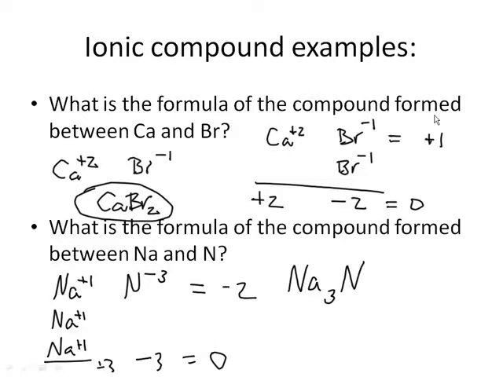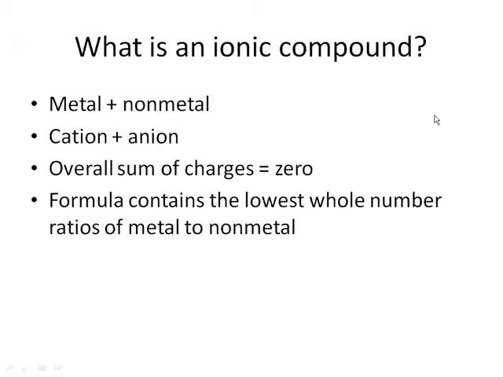Now let's say you had decided that actually I need 6 sodiums and 2 nitrogens. Maybe that's what you came up with. That works in the sense that the total charge equals 0, but it violates one of the other rules that we had, which was the formula has to contain the lowest whole number ratios of metal to nonmetal.